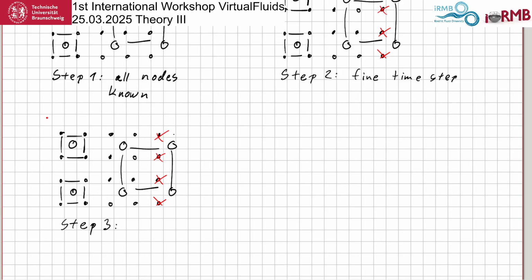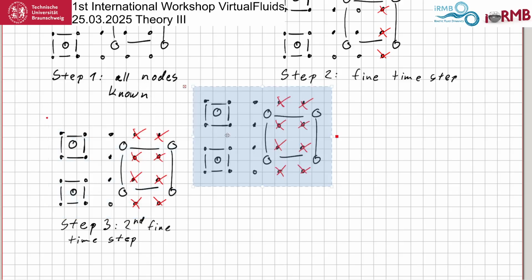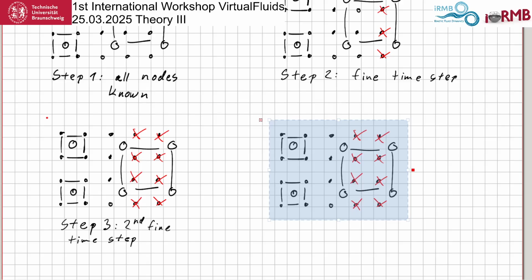Step 3, we have another fine time step. So the second row that we have here now has no valid neighbor, so these things get lost, right? So they become invalid. Then we go on and take this again and go to time step number 4.